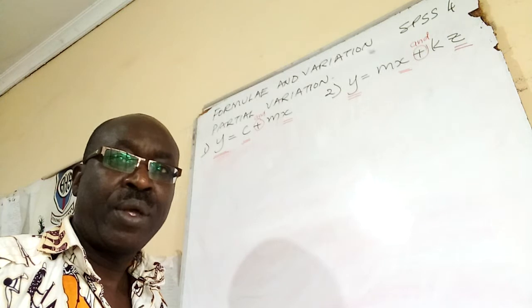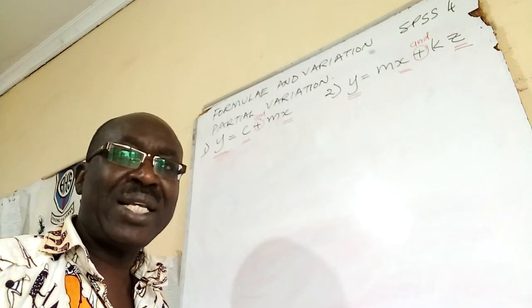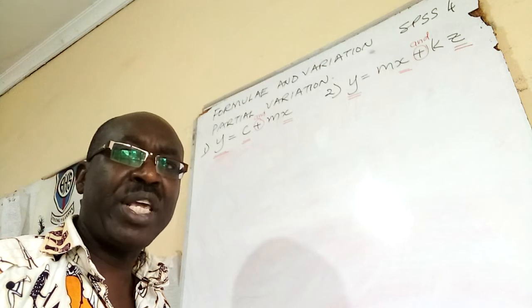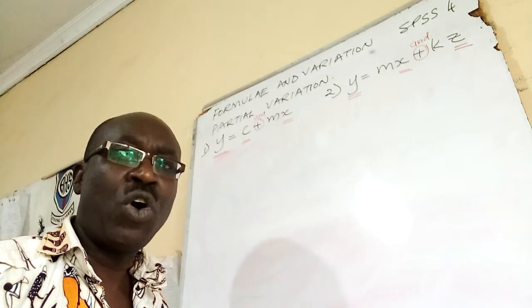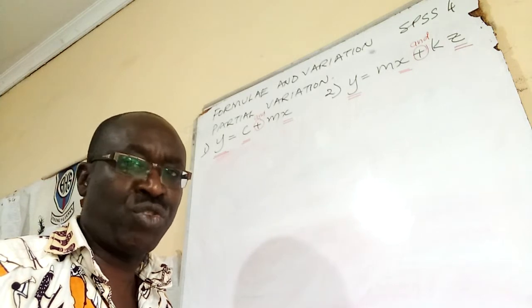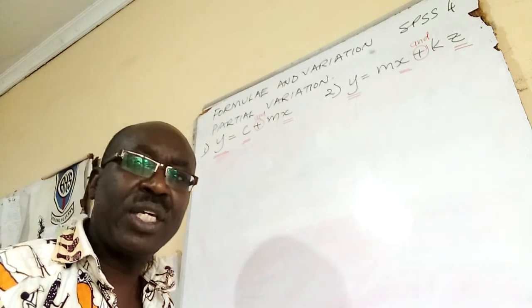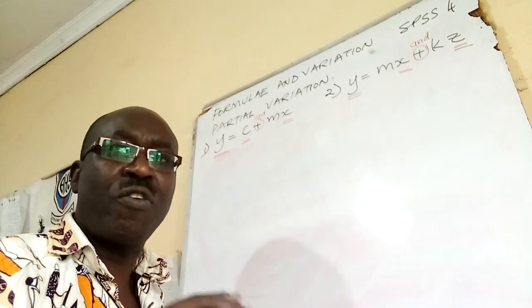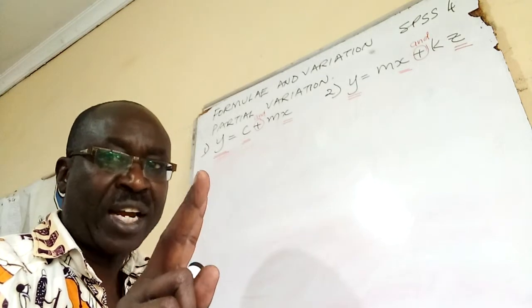Okay, now we had SPSS3 and this is SPSS4, student problem solving session. In this session, we are going to dwell on partial variation, the two forms.